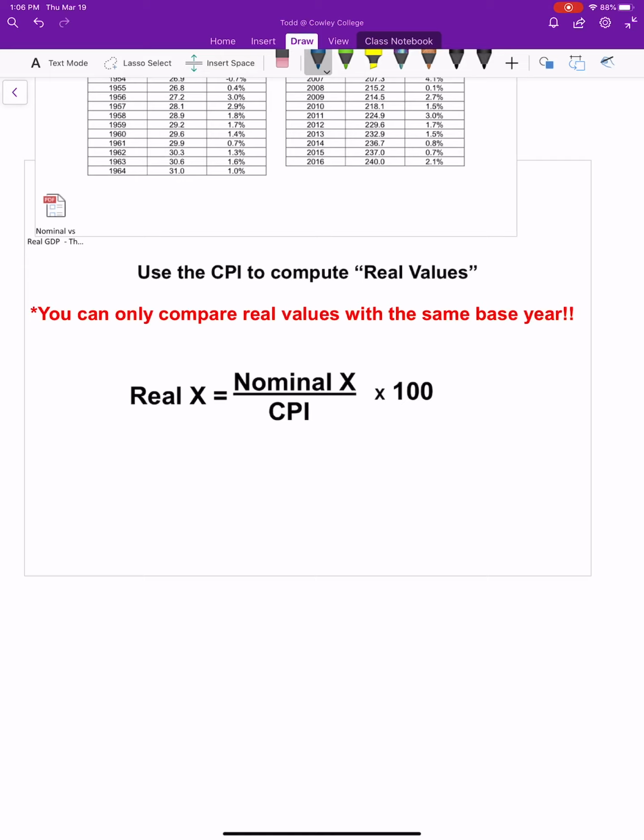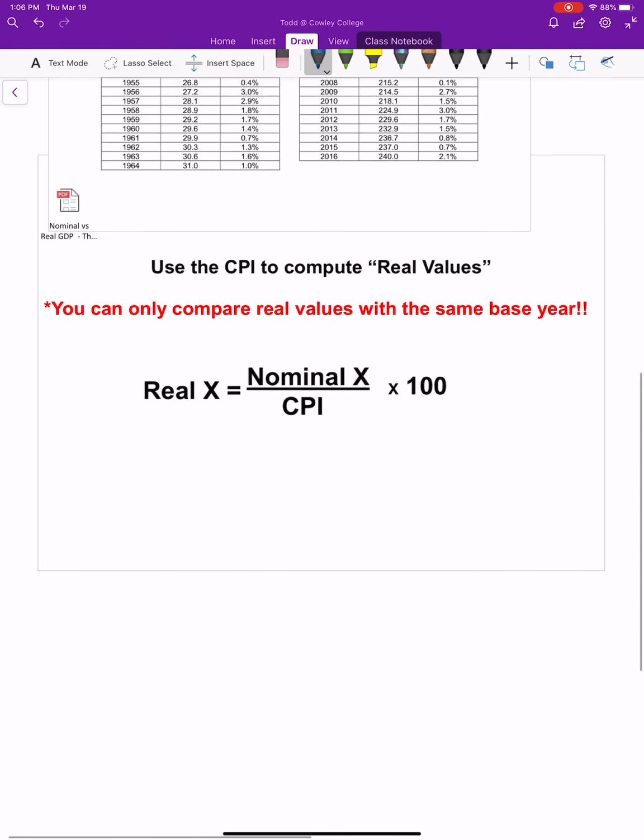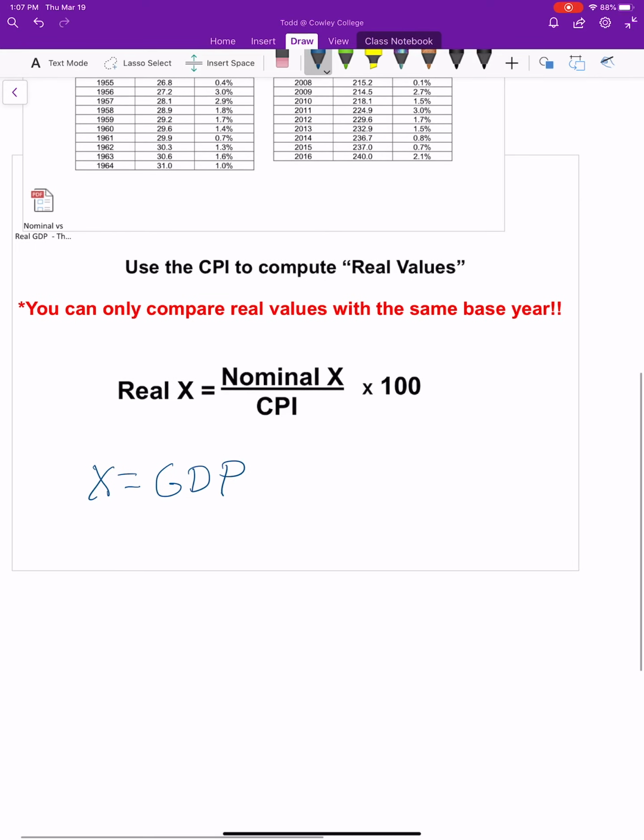First things first, I've made this equation very generic for a reason. Yes, we started out with the idea of x being equal to gross domestic product, and that's one of the first calculations we're going to do in just a moment. But you can also use this same formula to convert nominal spending into real spending. You can convert the nominal wage into a real wage.